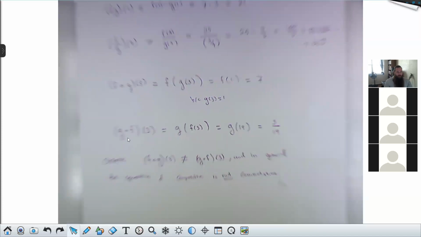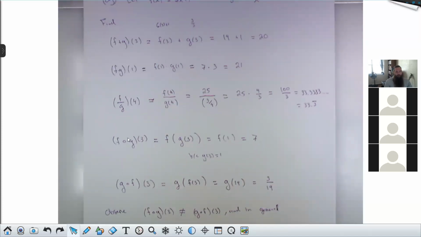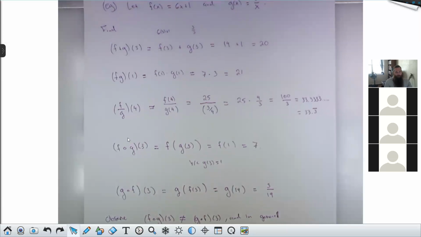All right. Any questions on what we did here? So we can figure out what f plus g looks like one number at a time by saying what is f plus g of 3, what is f plus g of pi, what is f plus g of 12, or f plus g of 115.